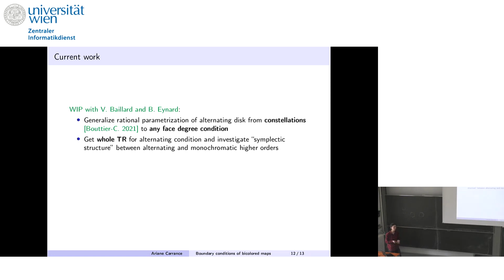So getting a nice expression for the alternating condition on the disk for more general face degrees, and then hopefully getting the whole topological recursion going on to higher genus and number of boundaries, and comparing it to what we have for the monochromatic condition to investigate this sort of symplectic covariance, maybe, that we have for the disk.